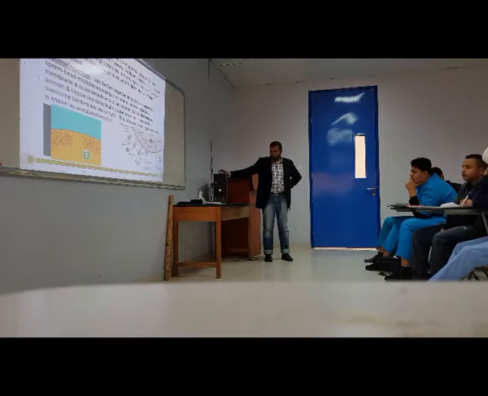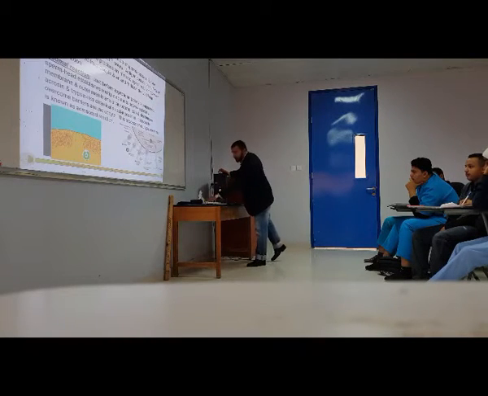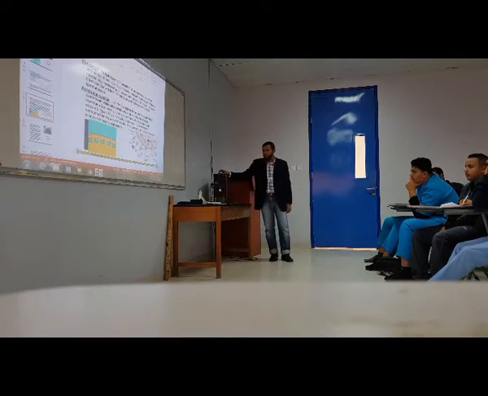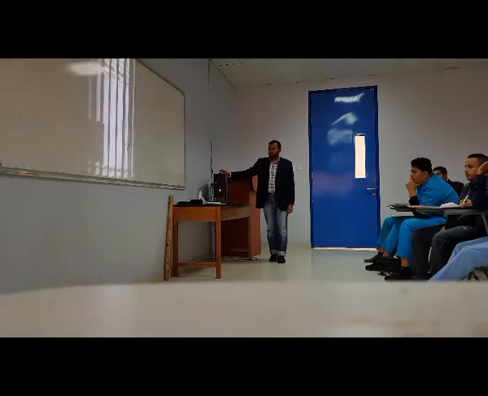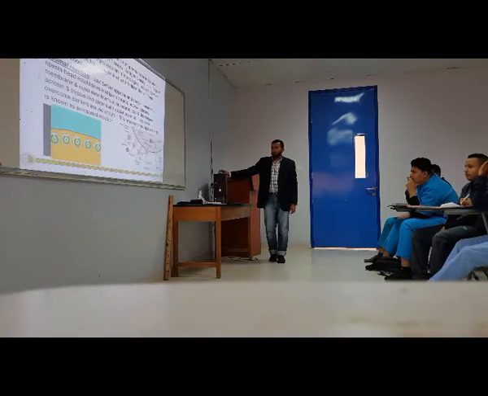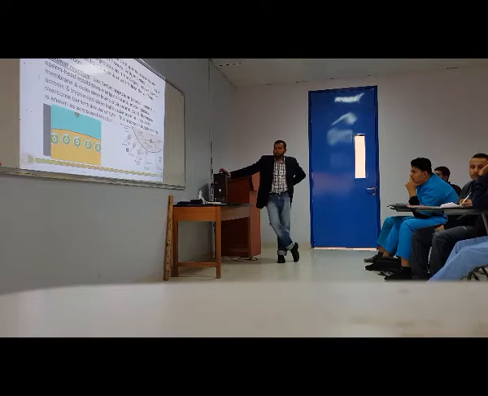See here in this video, you can appreciate how exactly it takes place. See here, the sperm head is coming, and this is the acrosome, and it is releasing the secretions.